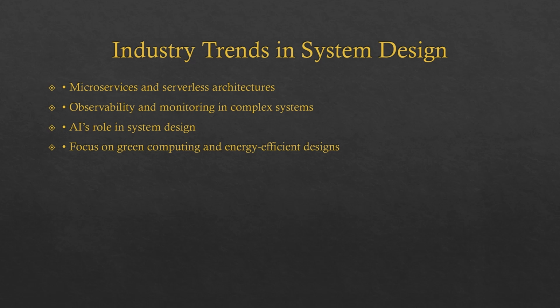AI is starting to play a significant role in automating system design and operations, while green computing is gaining traction as companies strive to make systems more energy efficient. Keeping an eye on these trends will help you stay competitive.